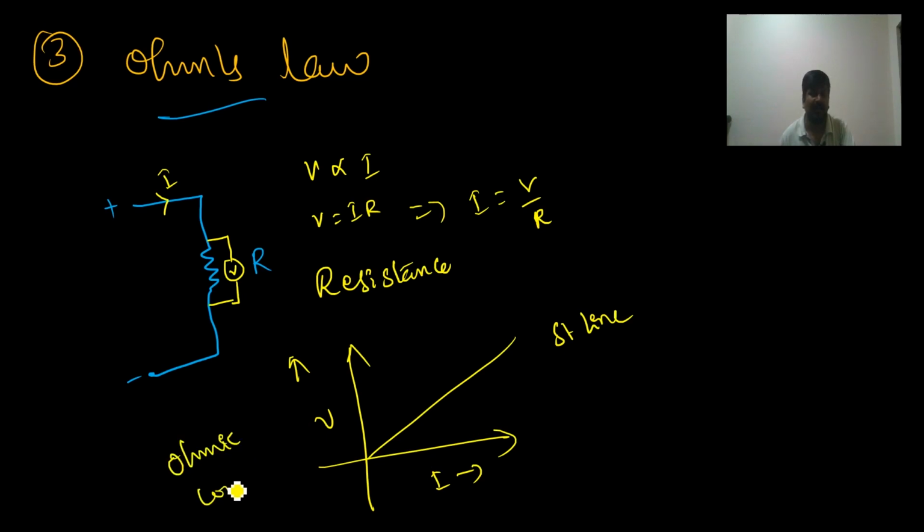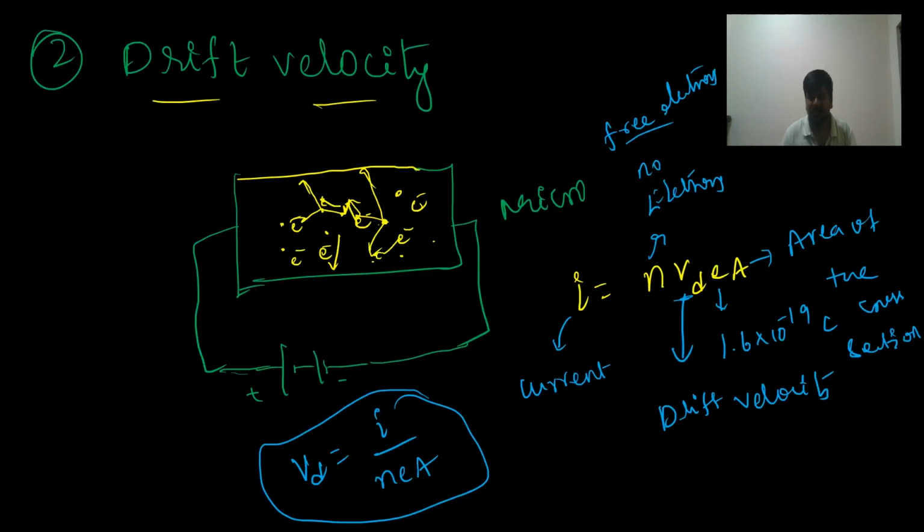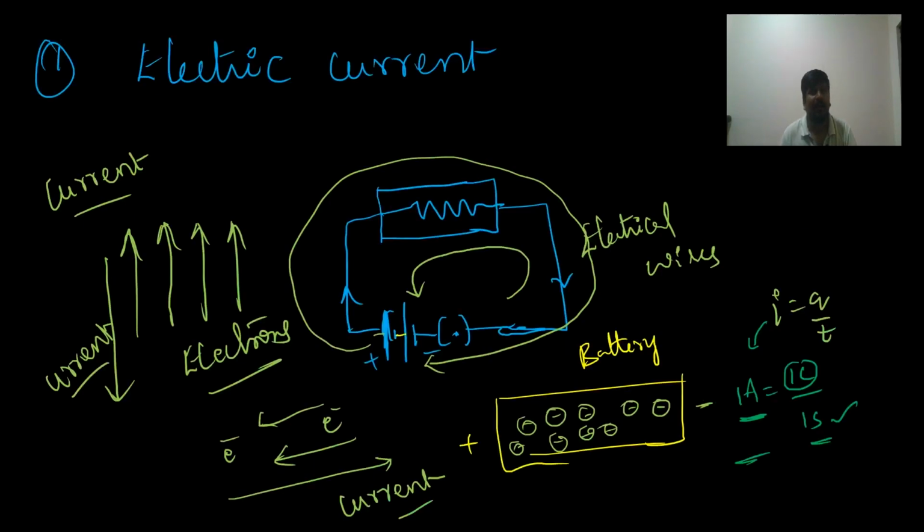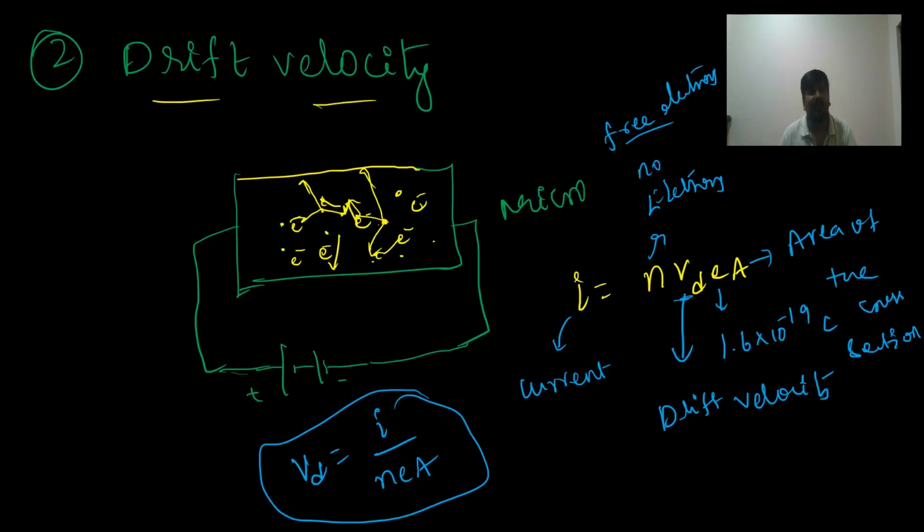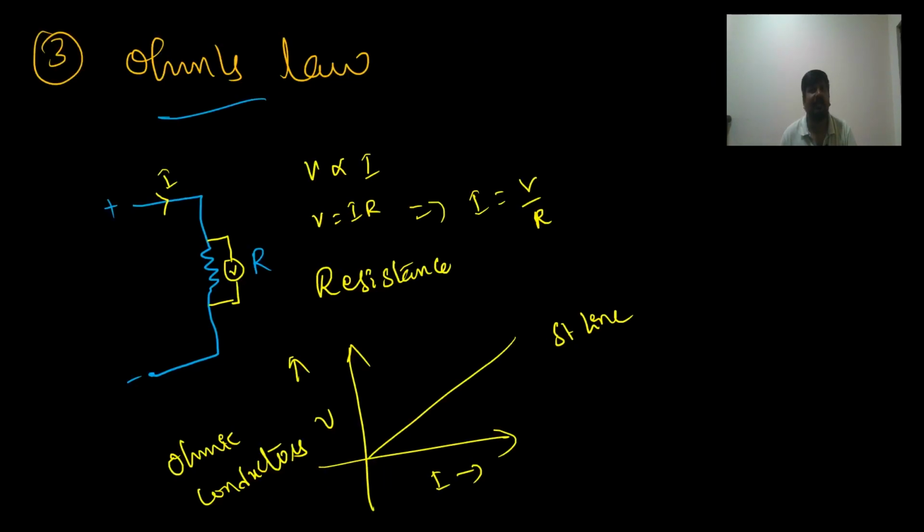Understood? This is about Ohm's law. So the first point is electric current, the next one is drift velocity, and the third one is Ohm's law. Thank you.